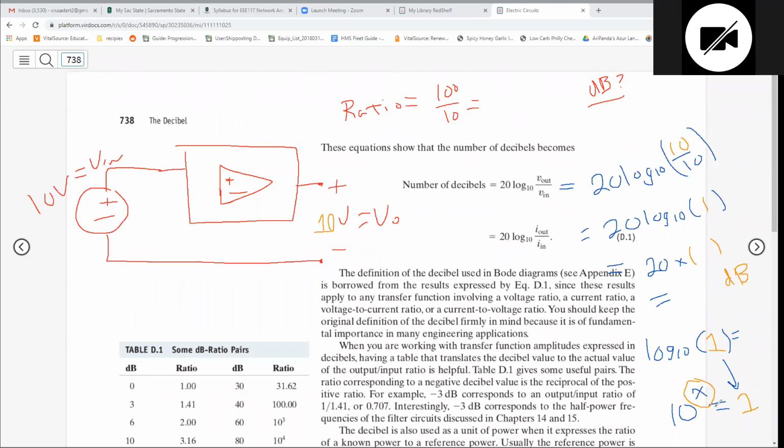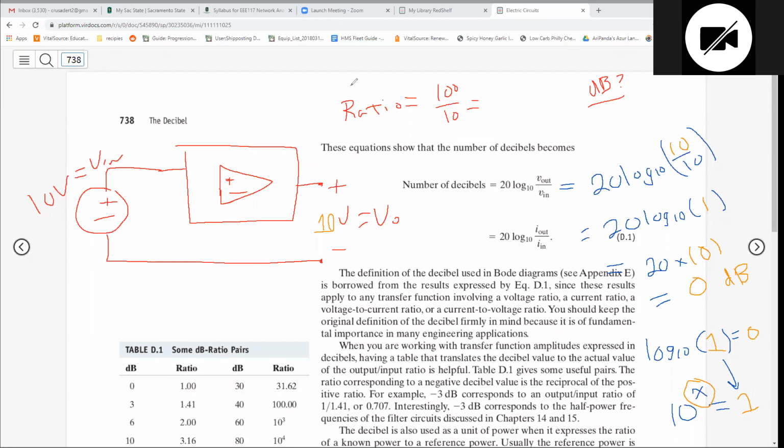How do you make this happen? 10 to the what equals 1? There's only one way this happens. You can make this equal to 0. 10 to the 0 is equal to 1 every time. So right here, you put a 0, 0 dB. So 0 dB means we're not changing the circuit. We're not increasing the voltage, nor are we decreasing it. We're just passing it through.